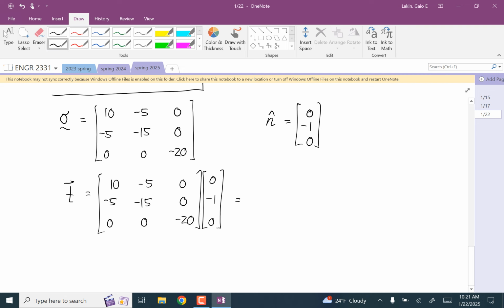And so you're taking the dot product of 10, -5, 0 with 0, -1, 0. I'll write it all out. So we got 10 times 0 plus -5 times -1 plus 0 times 0.